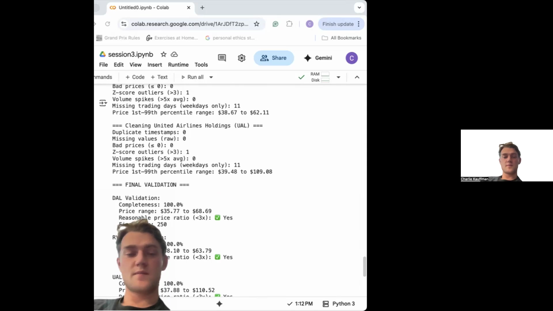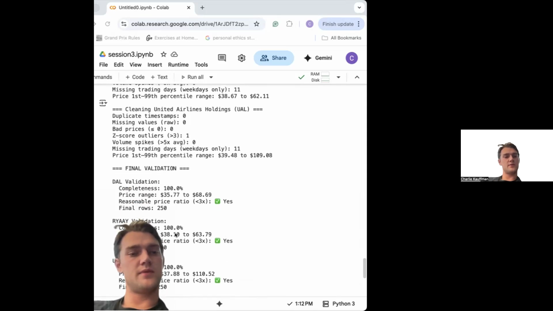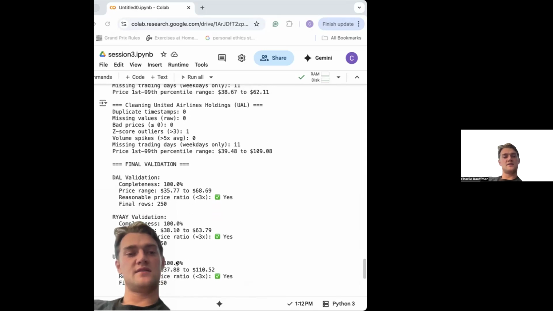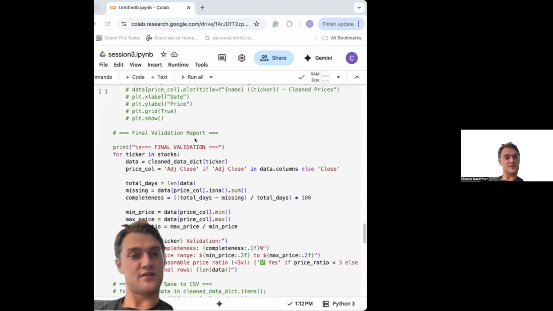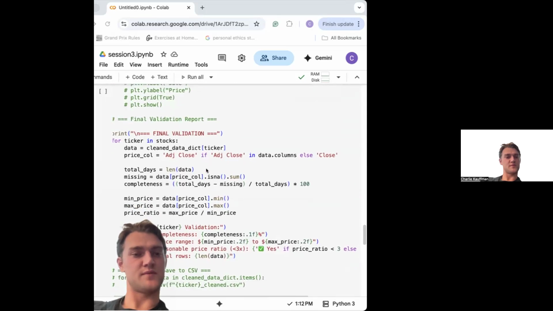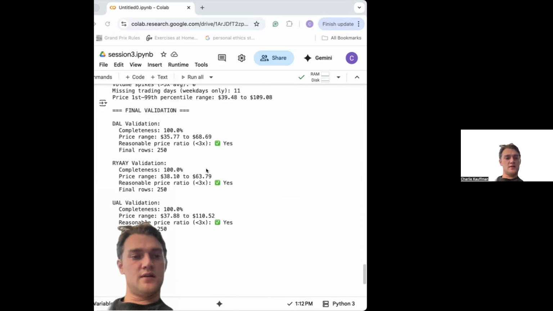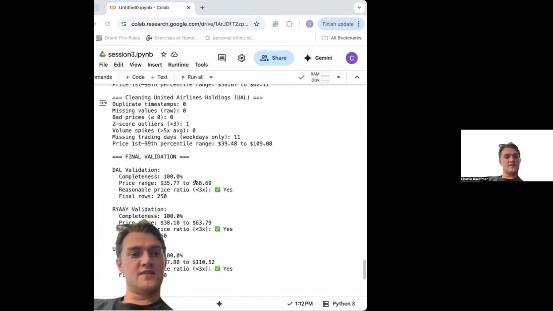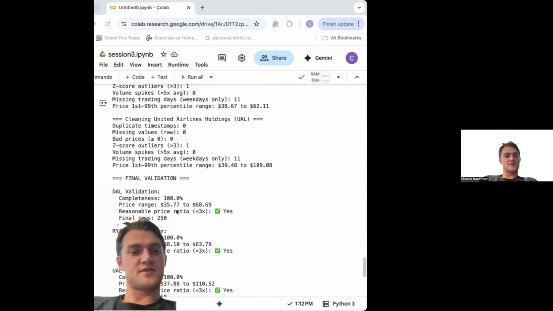I'm so sorry. So this just validates the data, right? But it doesn't use the clean data. I said it used the adjusted data up here, but I was reading this, which is just pulling from the Yahoo Finance website. And here you can see that Delta's price range was 35.77 to 68.69.